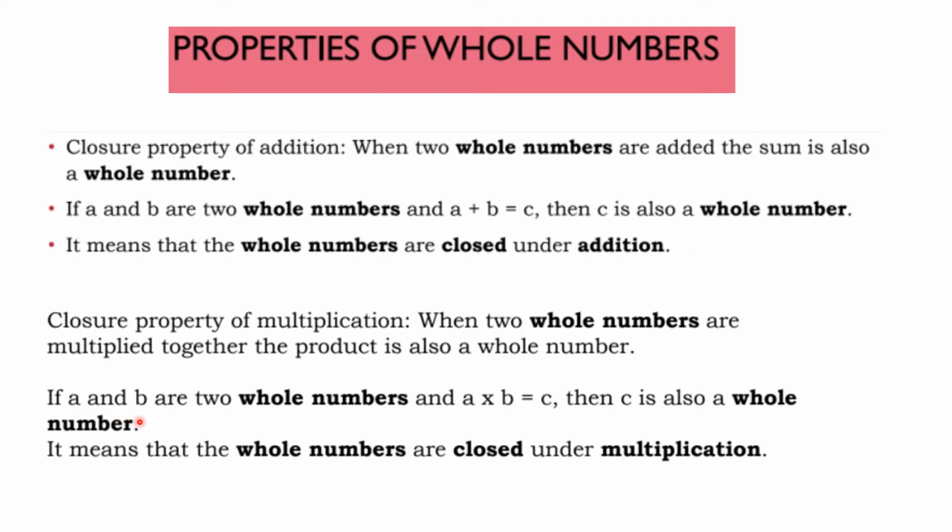That means if a and b are whole numbers, then c, the product of a and b, is also a whole number. Thus, whole numbers are closed under multiplication. Like here you can take a as 2 and b as 3. So multiply 2 into 3. This will give you 6. Now this 6 is also a whole number.